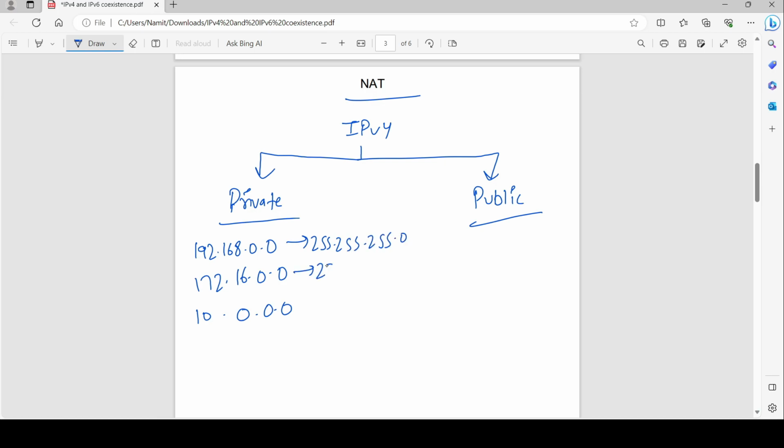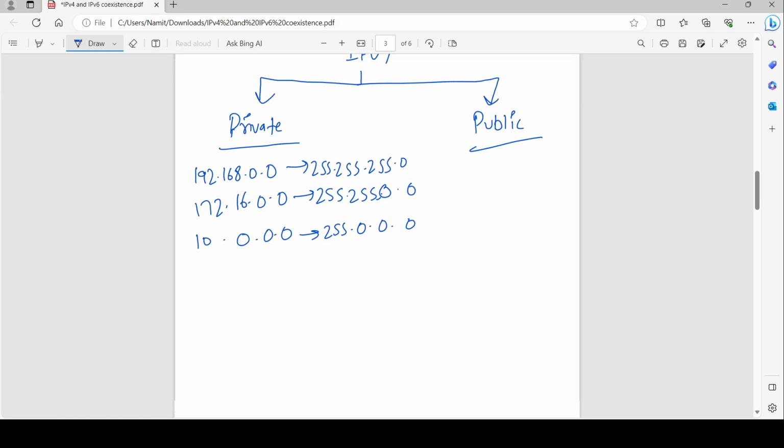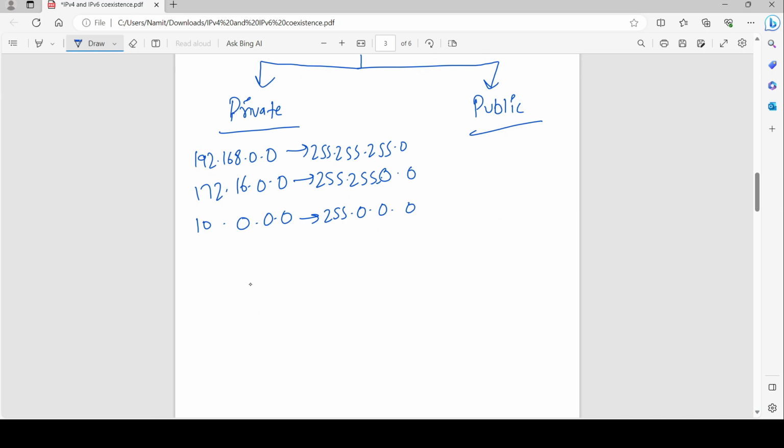The next one we already know, correct, 255.255.0.0. The next one we already know, 255.0.0.0.